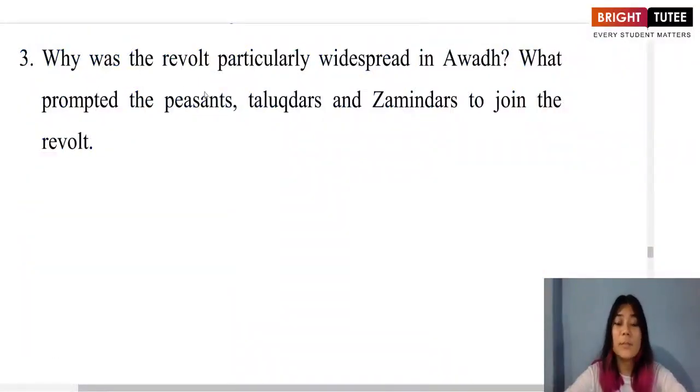Why was the revolt particularly widespread in Awadh? What prompted the peasants, talukdars and zamindars to join the revolt?